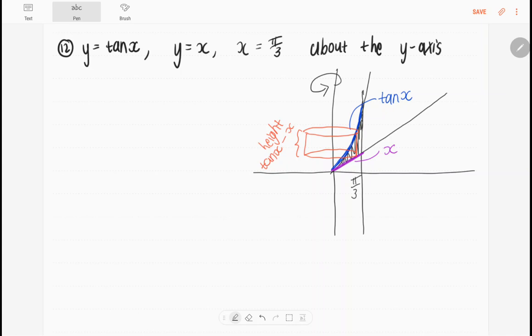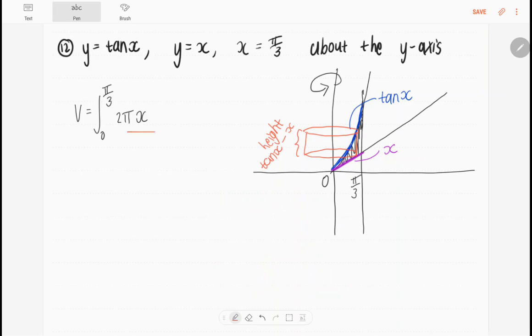We are going to get the volume by taking the integral. And remember our bounds, we are integrating from 0 to pi over 3. Then we have 2 pi multiplied by x, which is going to be the radius of a shell.